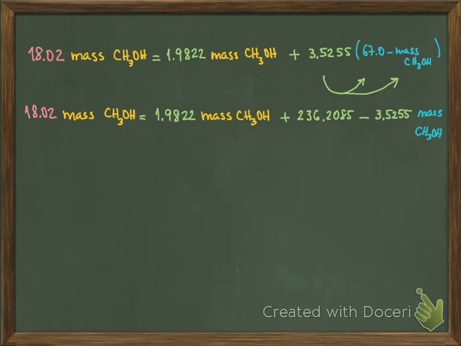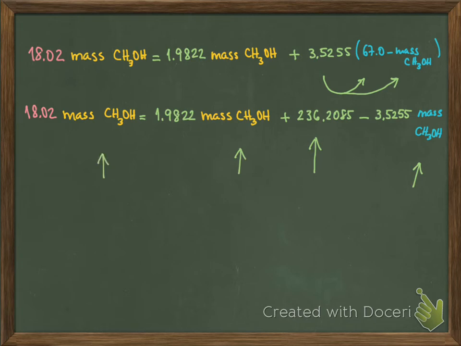We are getting to the end of this problem, and we notice that we now have an independent term, meaning a term without a variable. And we have mass of methanol here, mass of methanol here, and mass of methanol over here.